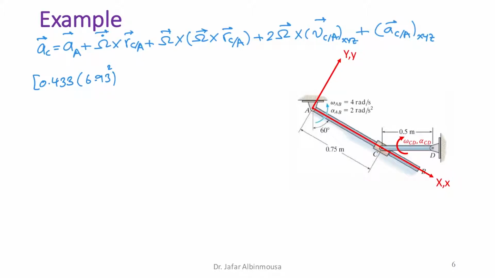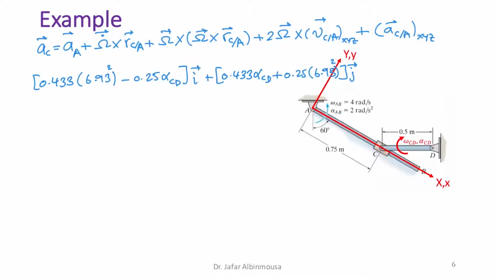This is what we just calculated, which is omega CD, and then minus 0.25 alpha CD, and all of this is the I component, plus the J component, which is 0.433 alpha CD plus 0.25 multiplied again by 6.93 squared, and this is the J component.